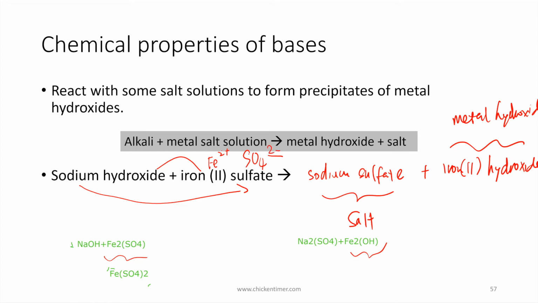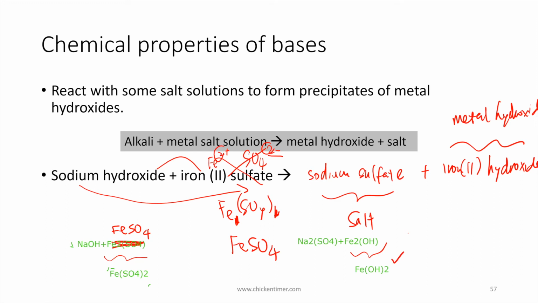Yes, so these two will exchange and you get Fe2(SO4)2. Then you can reduce it to the simplest form, so it becomes FeSO4. Fe doesn't need the bracket anymore. This one is correct.